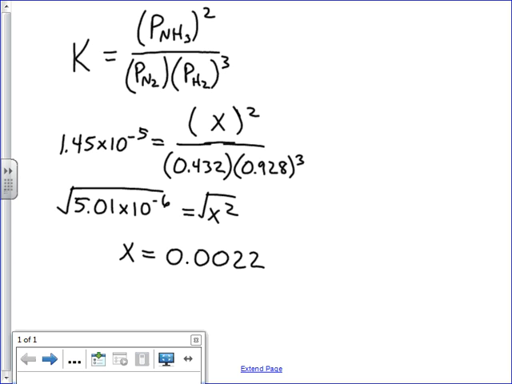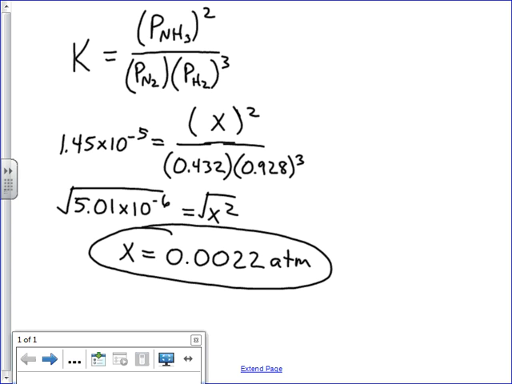Which means essentially there's a lot more of the reactants in this reaction at equilibrium than there are of the products. So we would expect this pressure of our NH3 to be a lot lower than the pressure of the reactants. Does that make sense? Okay, so this is a reasonable answer. It looks very small at first glance, definitely, but it works.